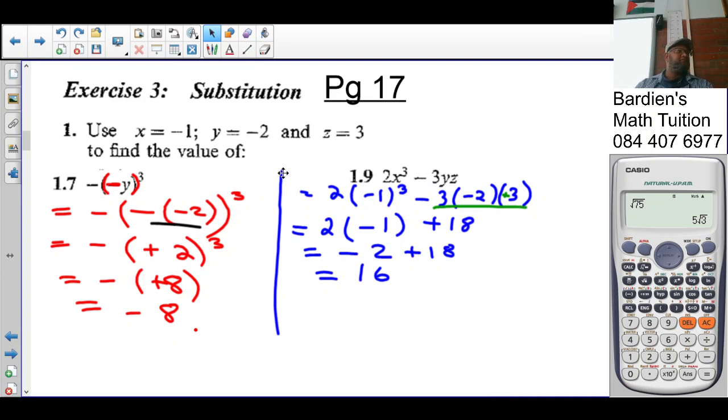If you look at exercise 3, Michael, we have done 1.1, 1.3, 1.5, 1.7, 1.9. But if you feel that you want to redo it, it's fine.